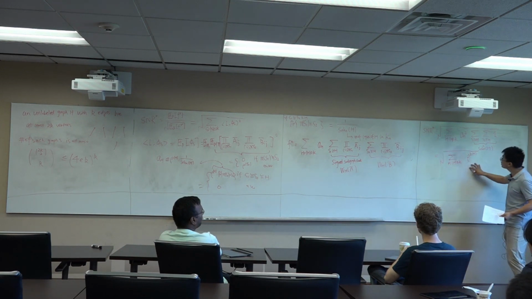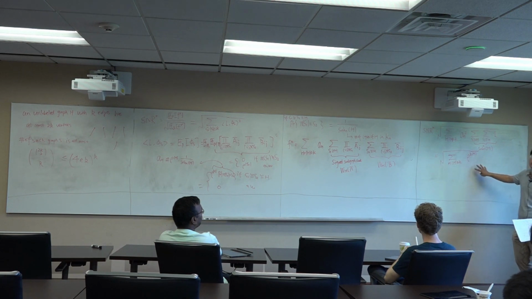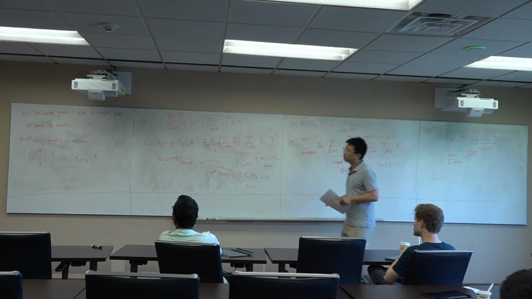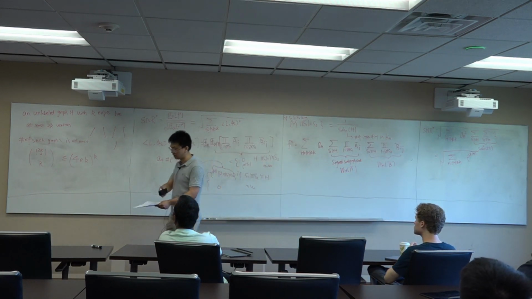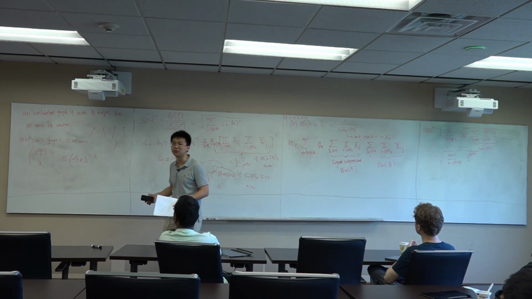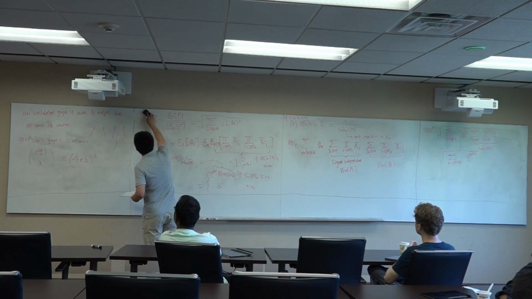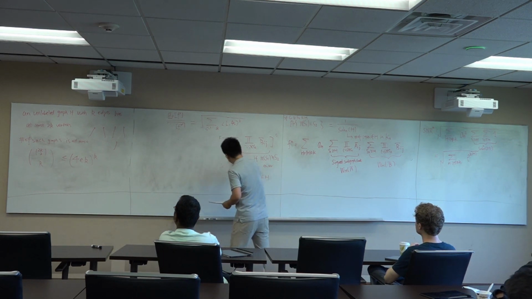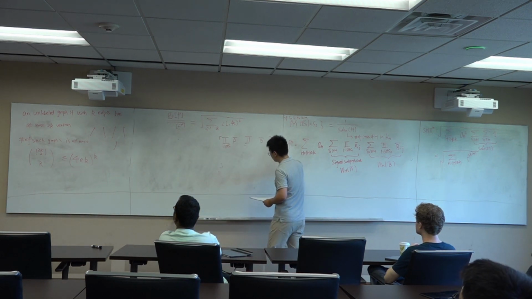So in this expression, the n already disappears. I'm just looking at all the different possible unlabeled graphs, the different topologies that you can form with k edges. It's a loose upper bound, but it turns out that this already gives us something.